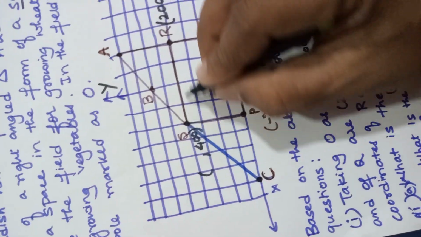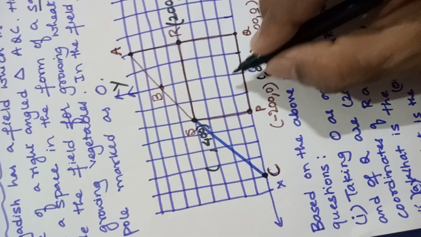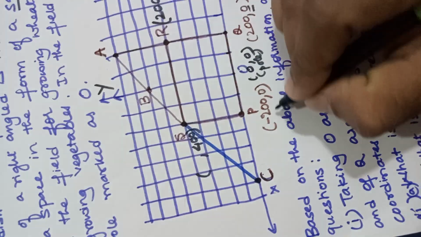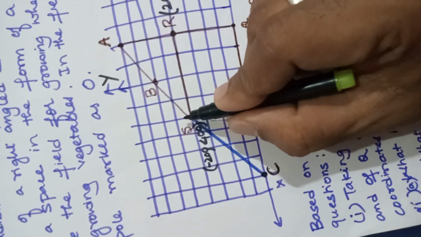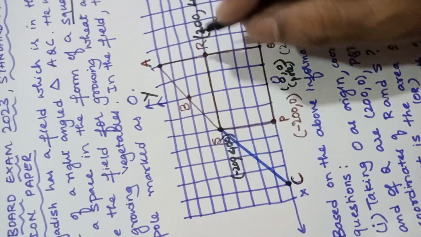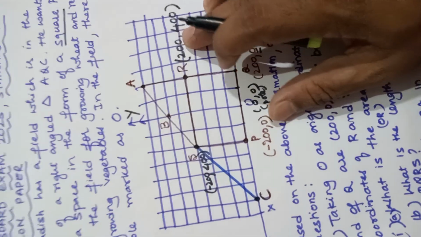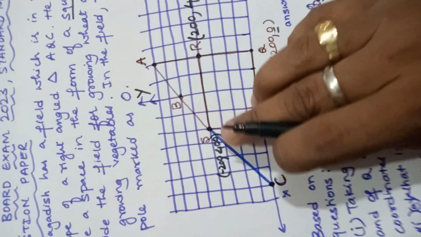Points P and S are equidistant from the y-axis, that is, the abscissa of S should be equal to that of point P, which is minus 200. So what are the coordinates of R and S? Coordinates of R and S will be 200 comma 400 and minus 200 comma 400 respectively.